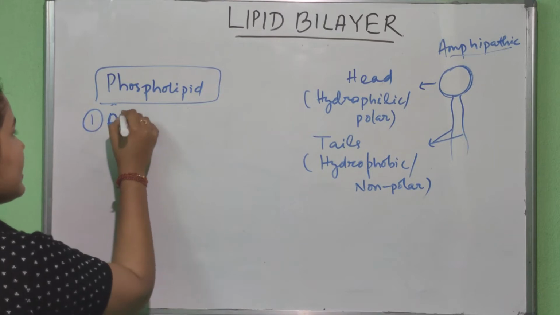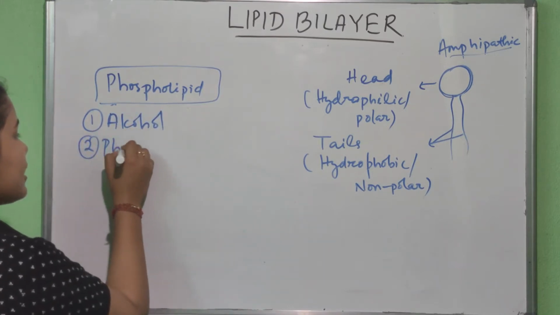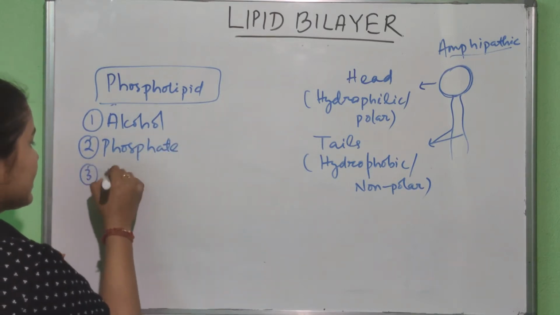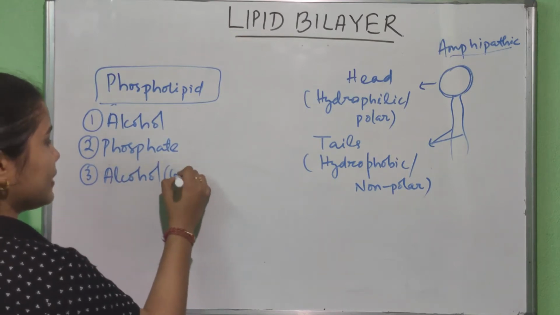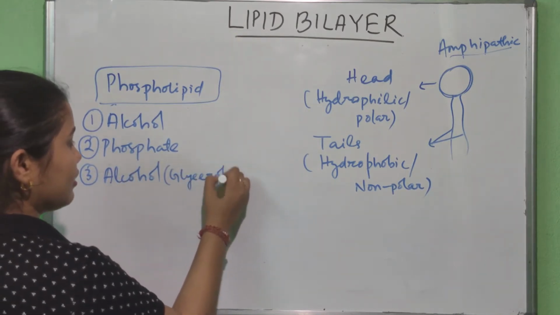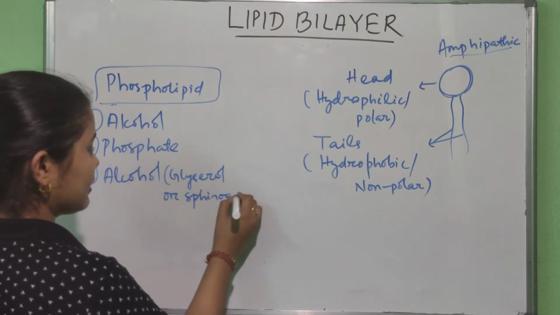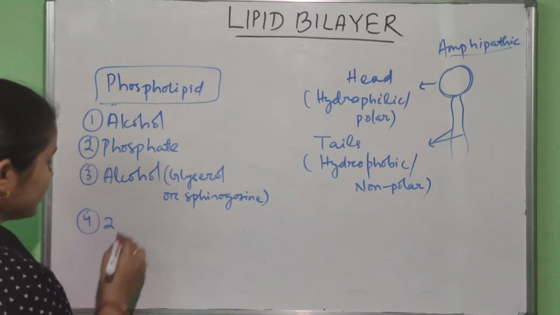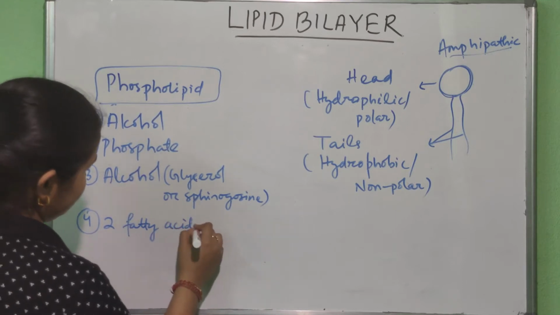The first one is alcohol. The second one is phosphate. The third one is another alcohol, which can be glycerol or sphingosine. And the last one is the 2 fatty acids.